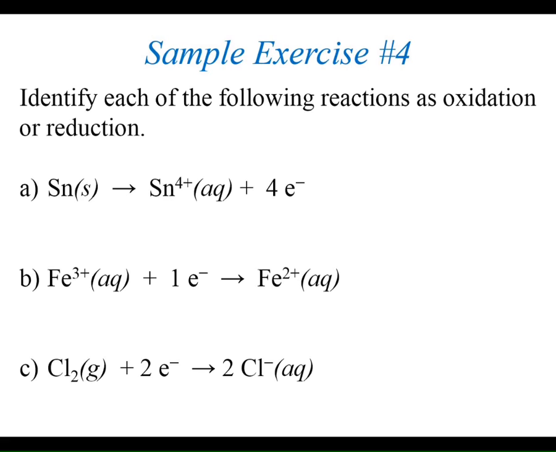Okay, chlorine neutral goes to chlorine negative. Did it lose negatives or gain negatives? It went from 0 to negative. It must have gained electrons because it became negative, and you see right there, plus 2 electrons. So if it gained, that's also what? Reduction. So chlorine was reduced to chloride.